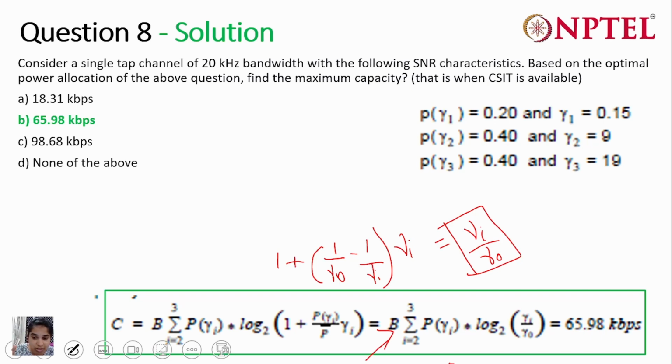We have only channels 2 and 3 because the optimal power allocation for the first channel was 0. So B into summation I equal to 2 to 3 of P of gamma I into log to the base 2 of gamma I by gamma naught. If you calculate this, you get the answer. This is how you find the maximum capacity.